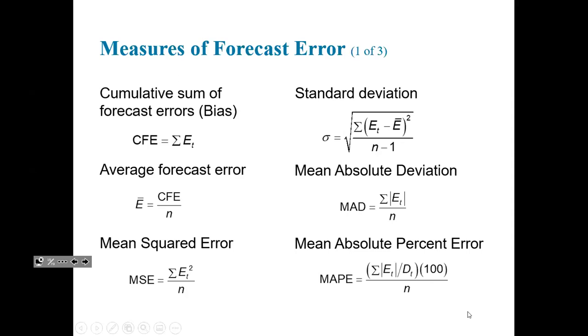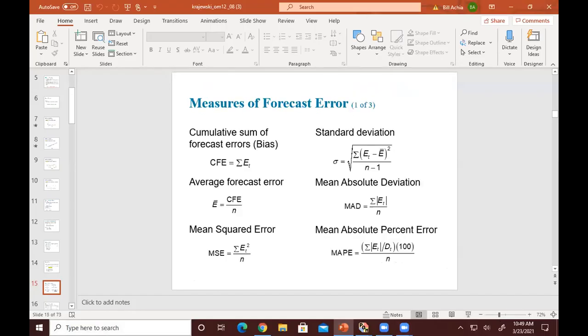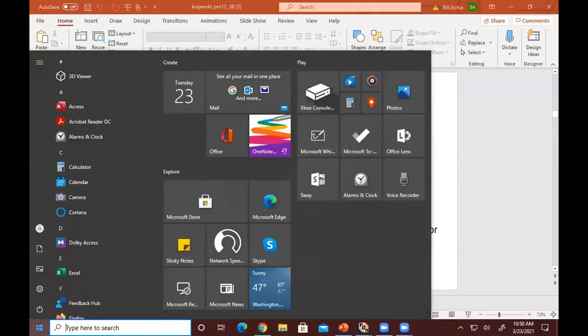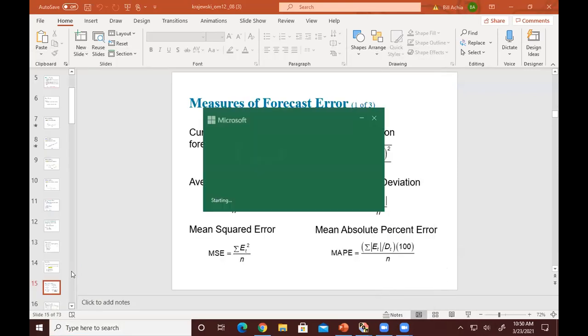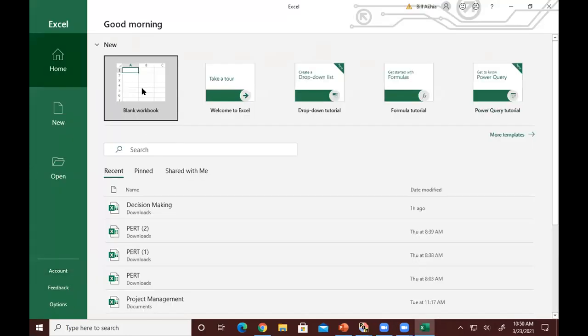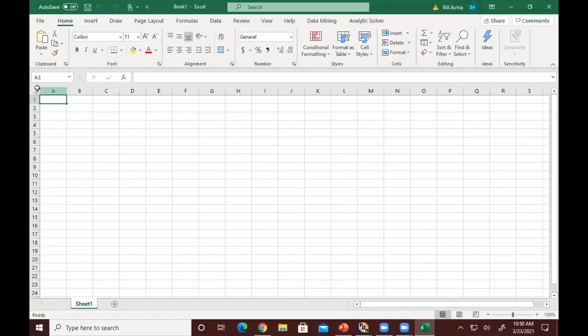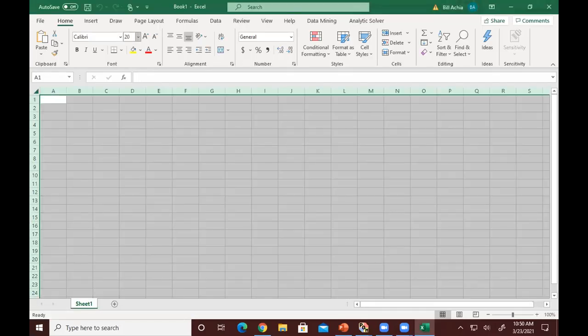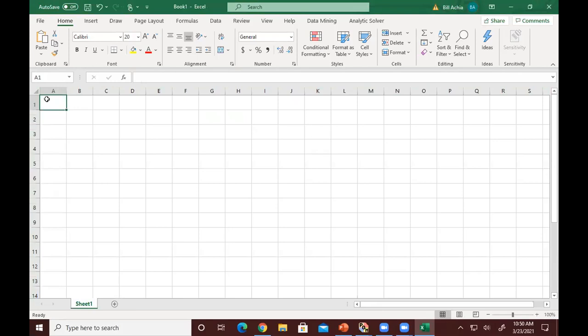The mean absolute percentage error tells you this 200 units as a function of the demand. I could pull up a spreadsheet here. So let's say we have our forecast, and then we have our demand.